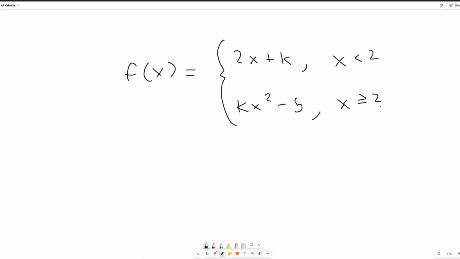Now here, first, you want to set them equal to each other, because remember, both of these sides will have to equal each other at x equals 2 for this to work.